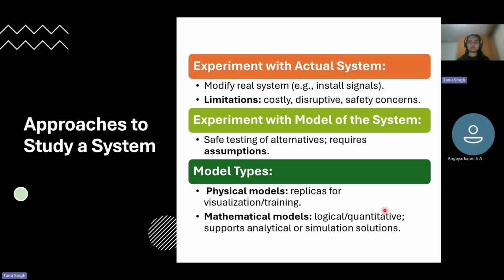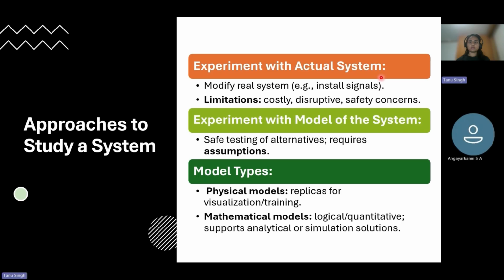We have two main approaches. The first is experimenting with the actual system, for example, installing a signal at a junction and observing its impact. However, this can be costly, disruptive, and sometimes unsafe and infeasible. The second approach is using a model of the system.